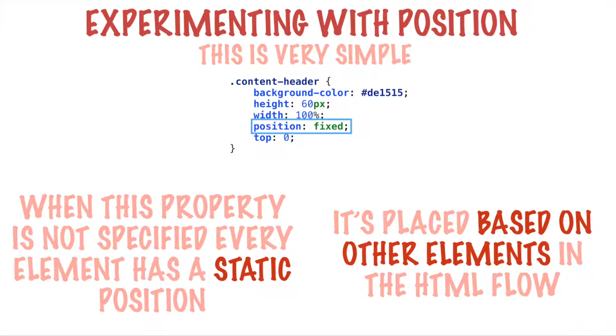That element is placed based on other elements in the regular HTML flow, which we spoke of in earlier classes. So it will be laid out left to right, top to bottom. Depending on the element, if it's an element which requires a line break, it will be placed on a new line based on the HTML flow. That is what position static means.